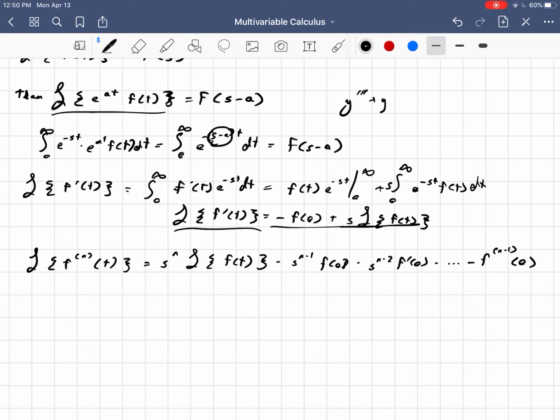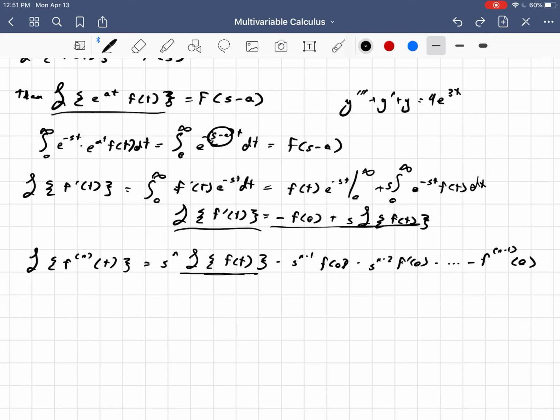So any derivative, even if we had, say, a y triple prime plus a y prime plus a y equals 4e to the 3t, that's what I used in my last example, that can still be solved using the Laplace transform, because we can write any derivative, the nth derivative, when we take the Laplace transform on both sides, it's going to give us just the Laplace transform of y, or of f of t, times some scalar, and then minus a constant.